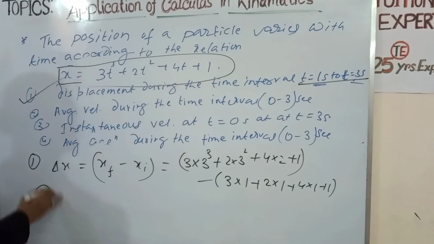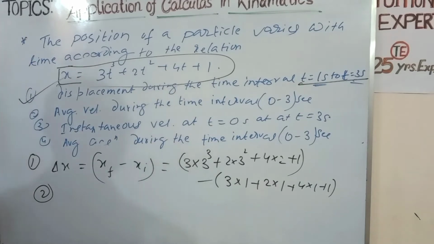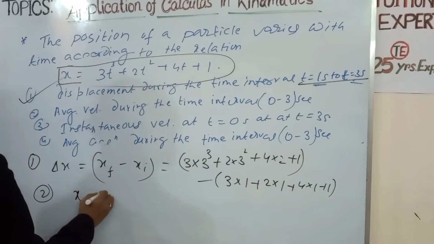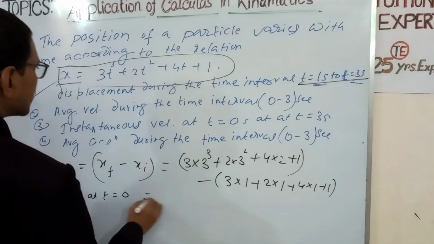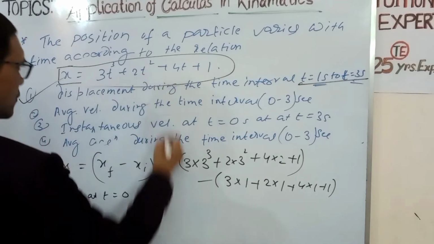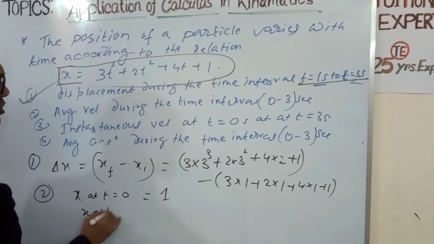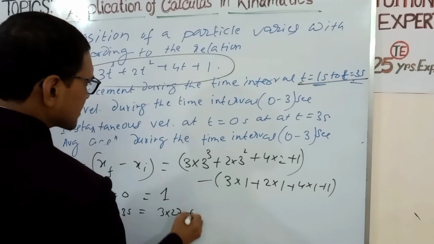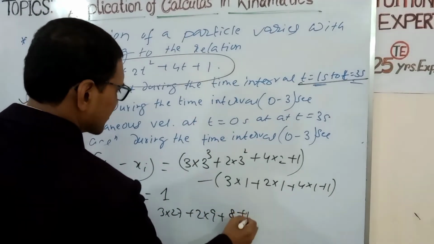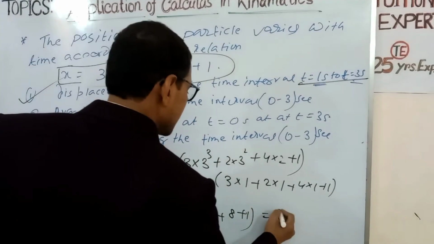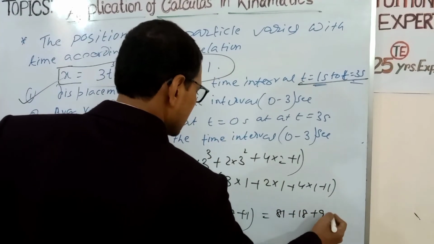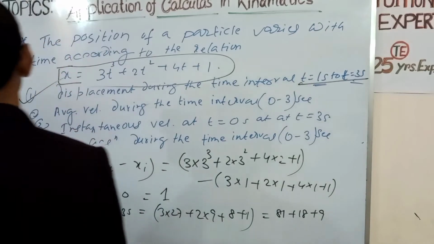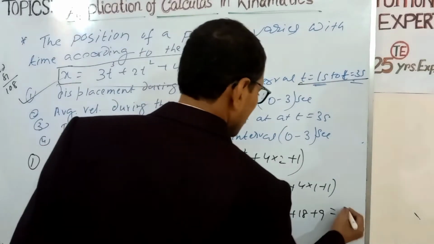Okay, second answer: average velocity during the time interval 0 to 3 second. So the position x at t equal to 0, put 0 here, we get 1, and x at t equal to 3 second, put 3 here, so this is 81 plus ... 108.